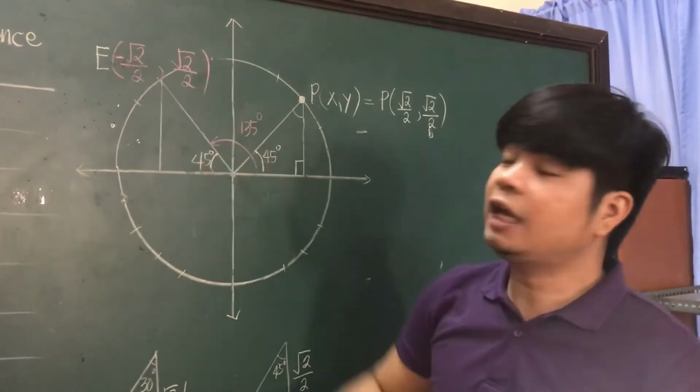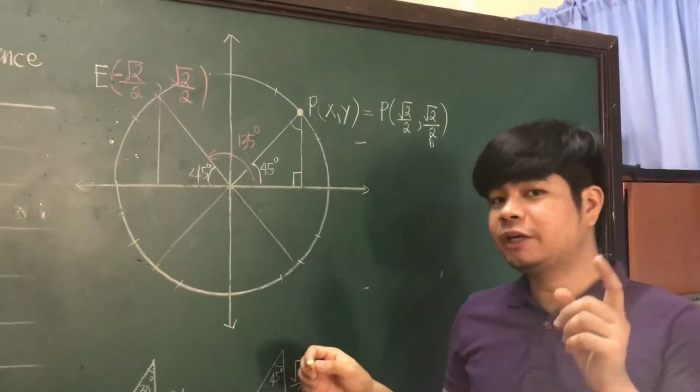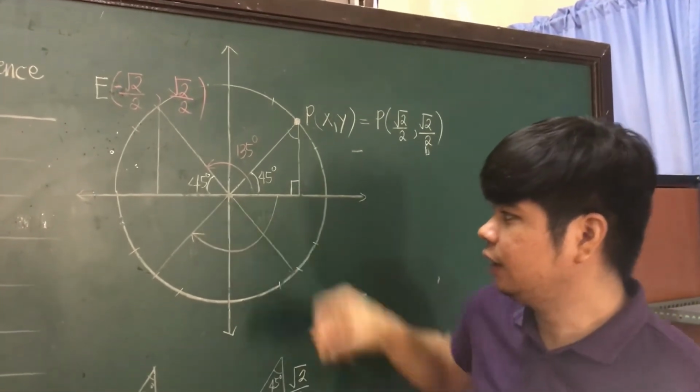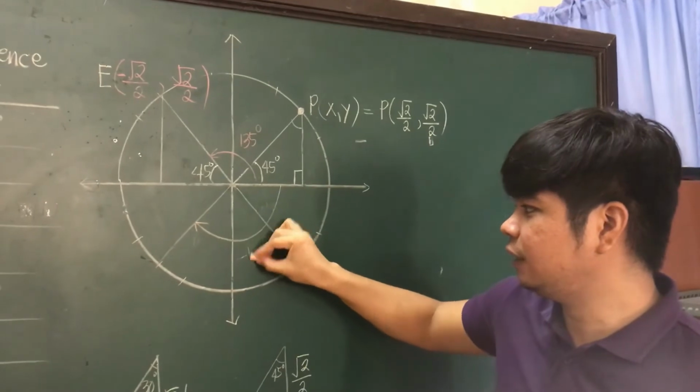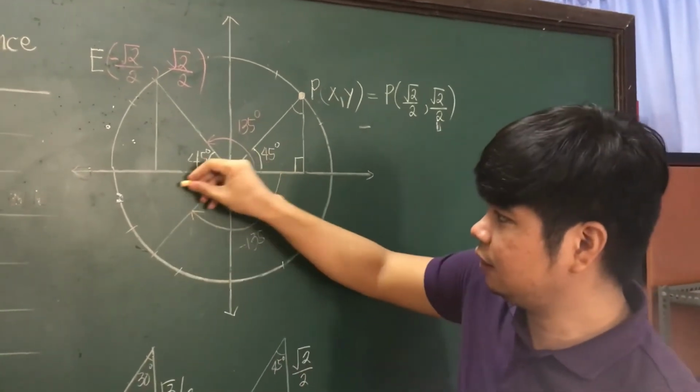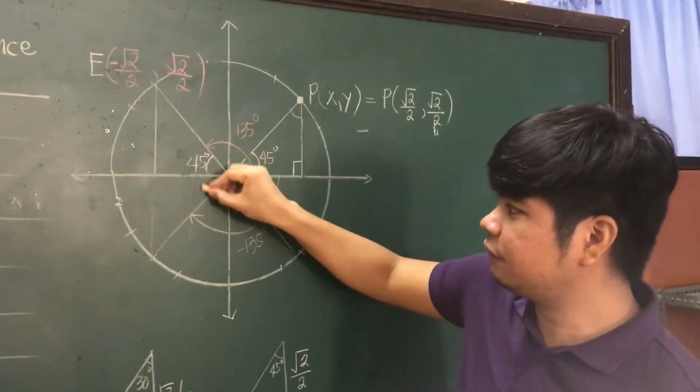Okay? The sign matters. So let's say for example there is an angle which is clockwise in rotation here, and the angle measurement is negative 135 degrees. Still, the reference angle is 45 degrees here.